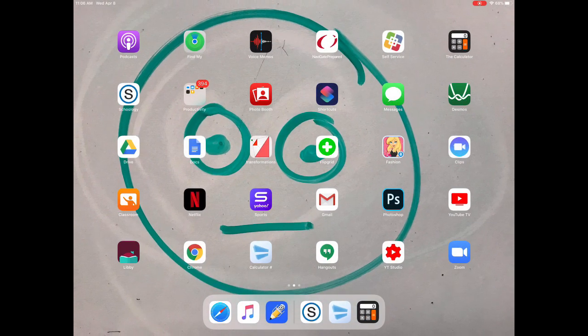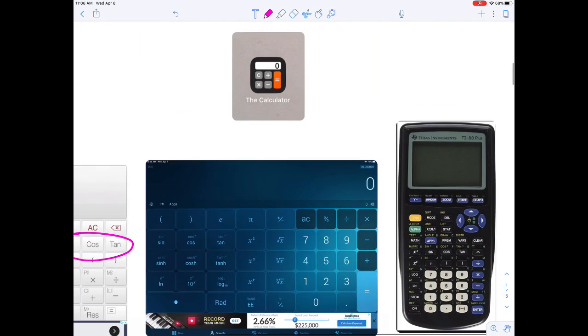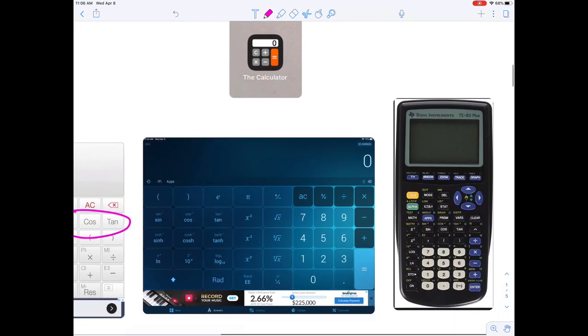Now, if we go back to the second calculator option, we have a basic, a scientific, and a couple other calculator options. I've chosen the scientific option, so you'd have to do that same thing. If you select the scientific option, you're going to see sine, cosine, and tangent right here. But up above it, you're going to notice that there's the arc sine, arc cosine, and arc tangent. And to get to that, you're again going to need to use the shift option. That shift option is going to be right here.